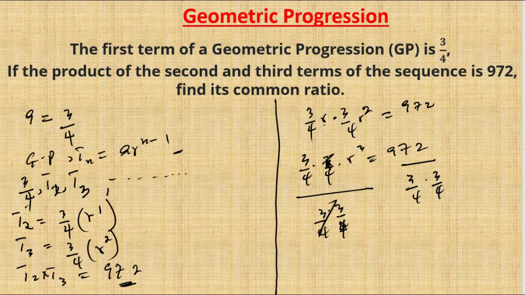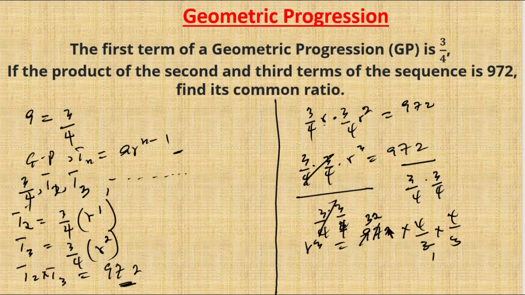Then this cancels this, so that r raised to power 3 is the same thing as 972 times 4 over 3 times 4 over 3. 3 in 9 is 3, 3 times 3 is 9, and 3 in 7 is 2.